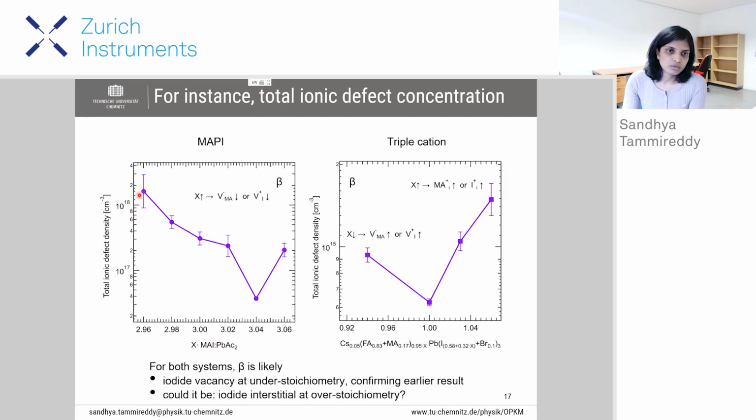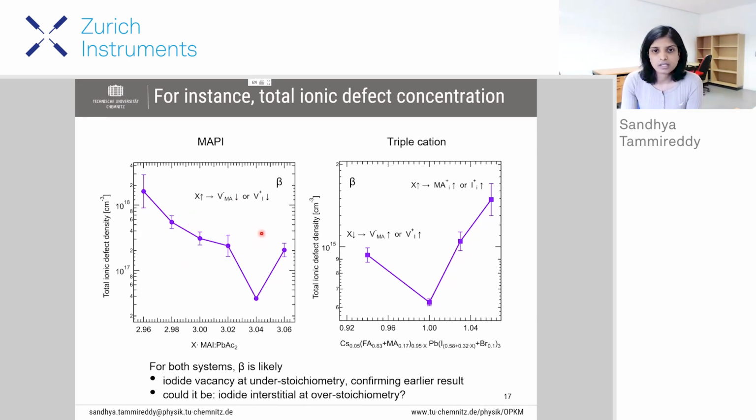But what we saw was a decreasing trend, which indicates that the defect we are seeing is either a methylammonium vacancy or an iodide vacancy. Since we observed this defect in inorganic perovskites such as cesium lead iodide as well, this can't be methylammonium. So it should be iodide vacancy.